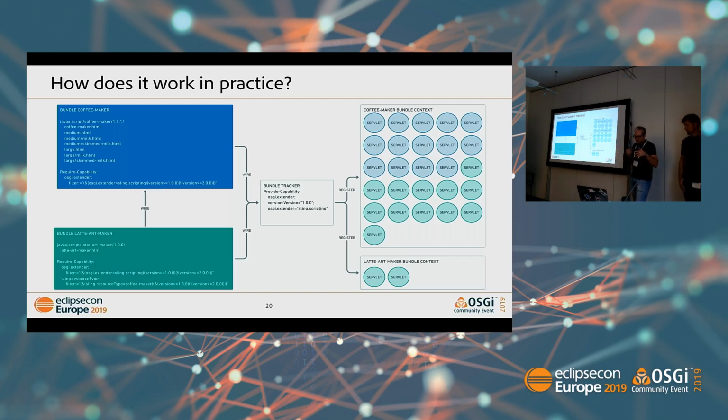And then the bundle tracker is going to use each bundle's context to correctly register the servlets. It's going to be one servlet registration per provide capability. However, in case you're overriding or overlaying something from a bundle, then we're also going to provide what we call shadow registrations, where you just dispatch what happens when you overlay something.